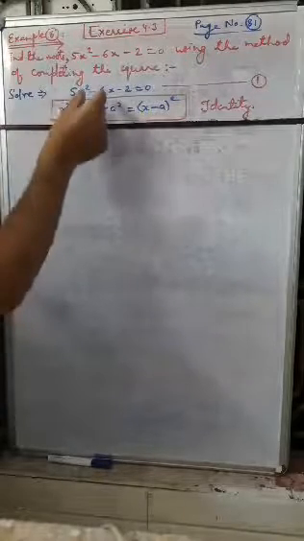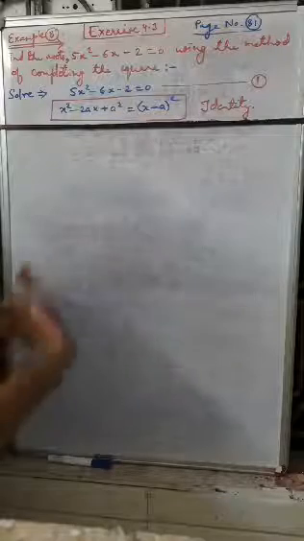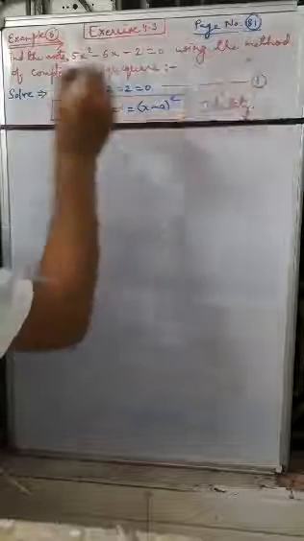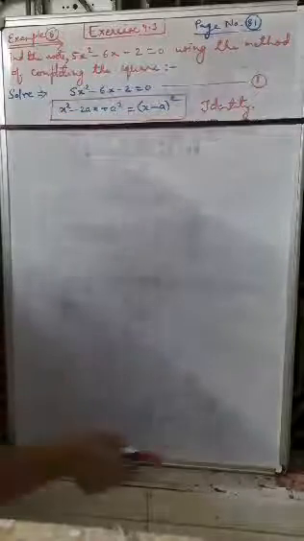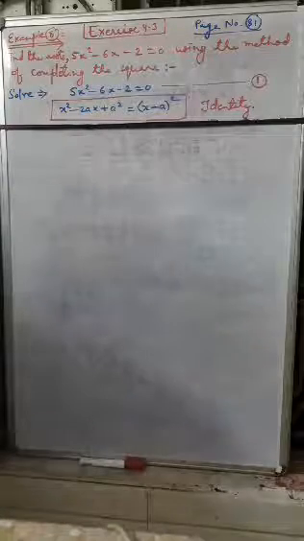It is not possible to solve the problem by splitting the middle term. So we can use either the quadratic formula or the method of completing the square, but in the problem it is given using the method of completing the square. So we need to solve this problem only using this particular method.